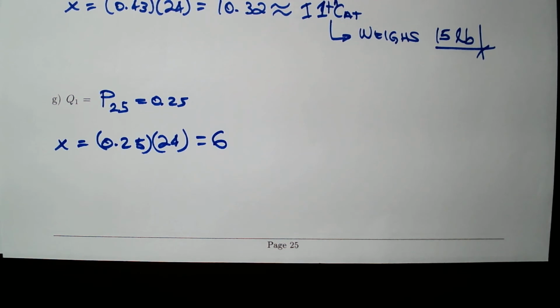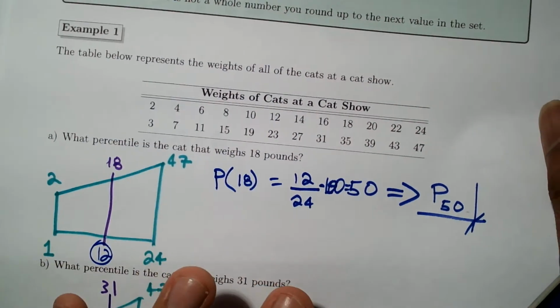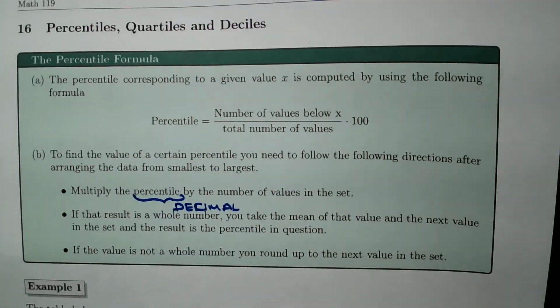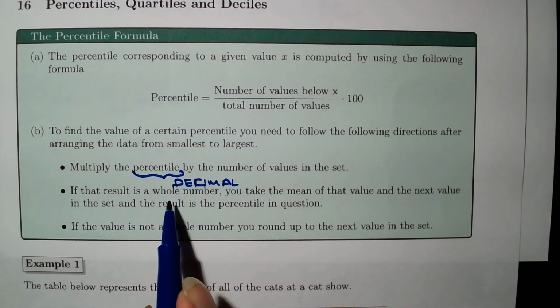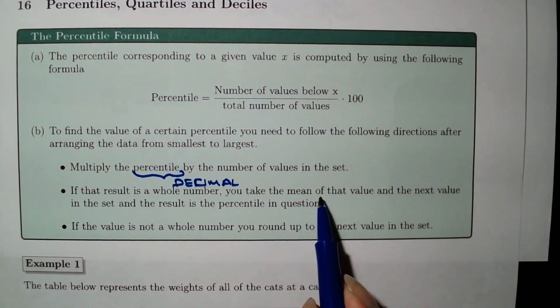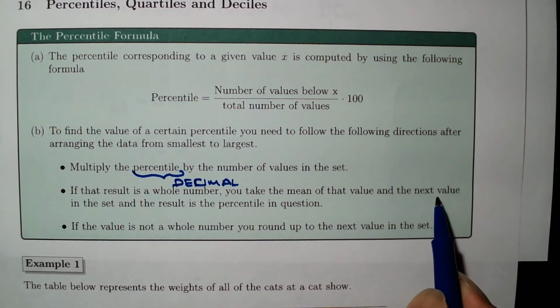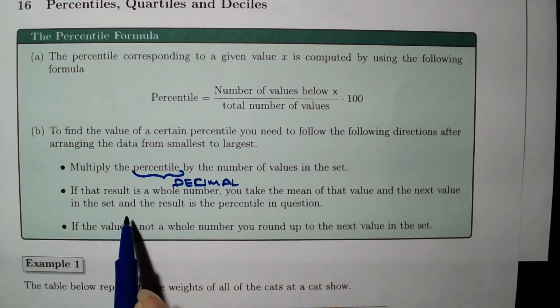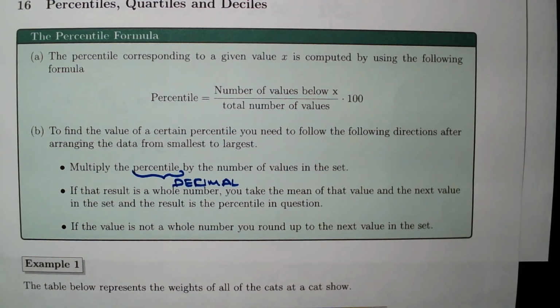So how do we look for the weight of the cat in this case? What is the rule first of all? If the result is a whole number, you take the mean of that value and the next value in the set, and the result is the percentile in question.